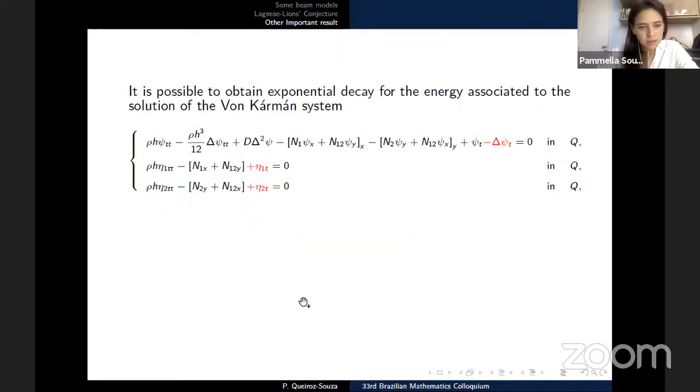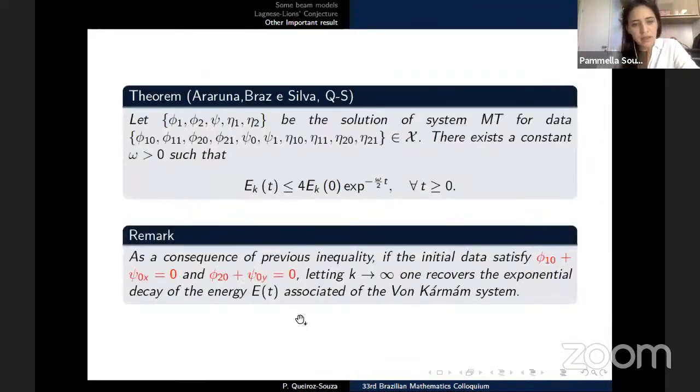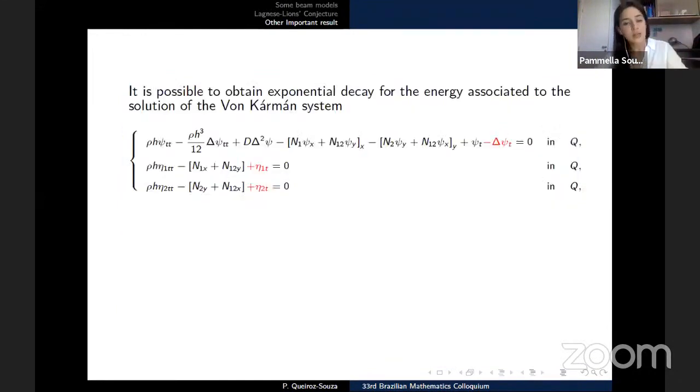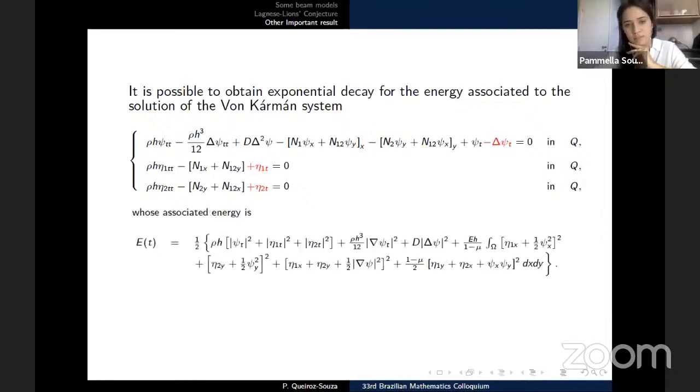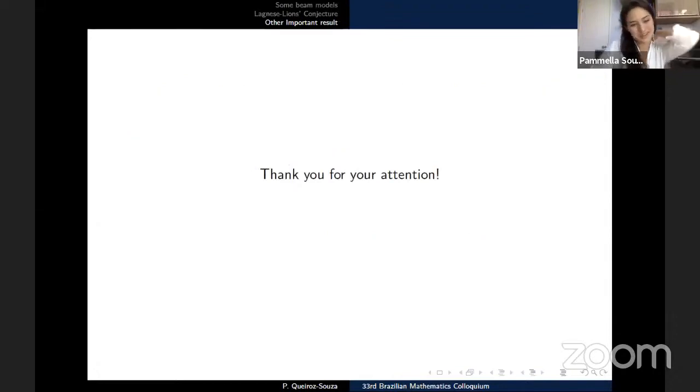And let me return to this remark. If we consider this condition and this condition for the initial data and let k go to infinity, it's possible to see that the von Karman system here decays exponentially. Okay, so I'm done. Thank you for your attention.